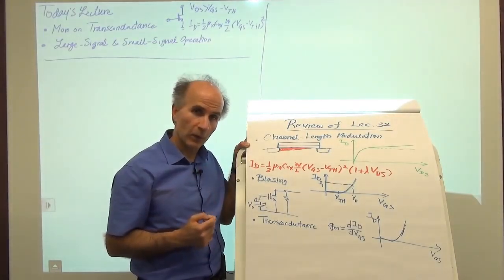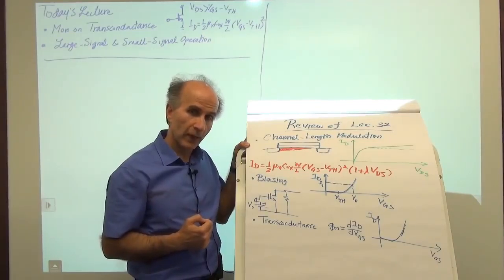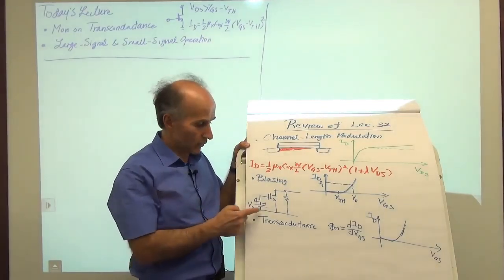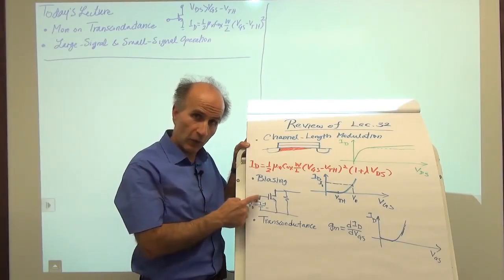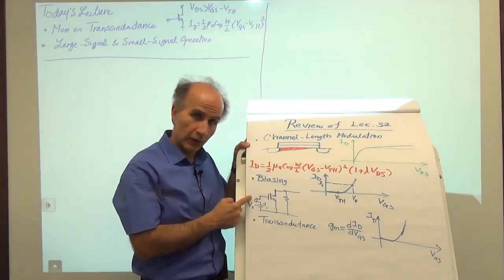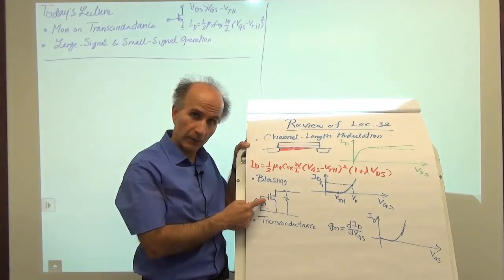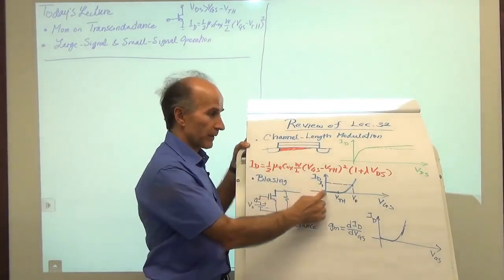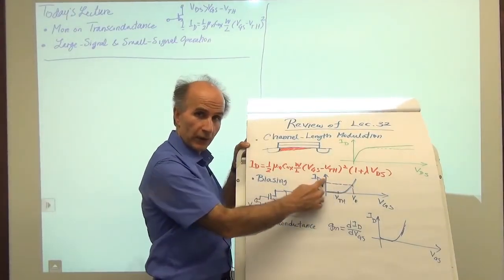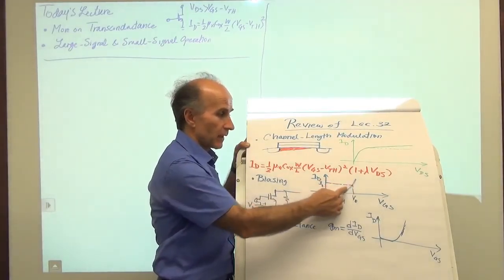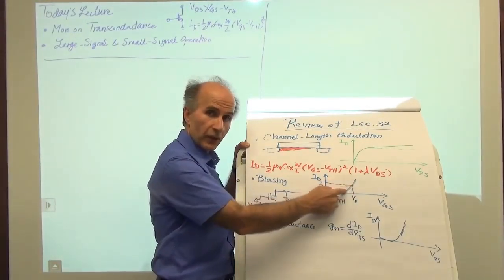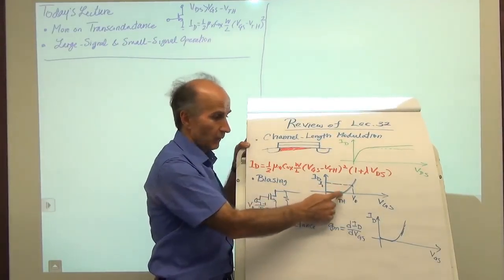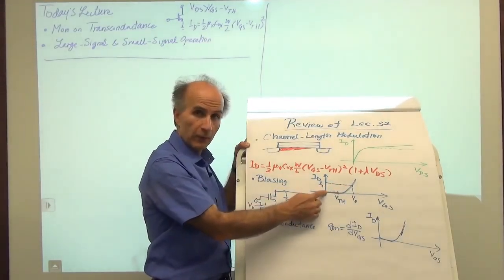So we realized that we have to apply a certain voltage between the gate and the source even before a signal is applied to keep the transistor alive, so to speak. If we apply a certain voltage, we have a certain current, and that allows the drain current to be a sharper function of the voltage than if we are over here or over here.